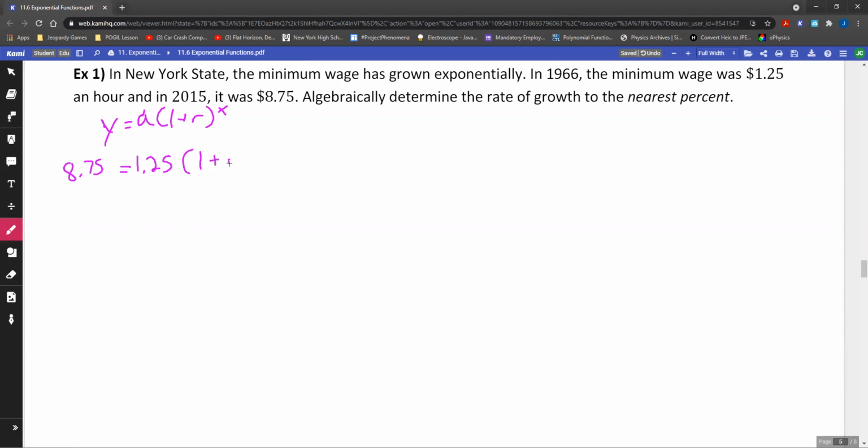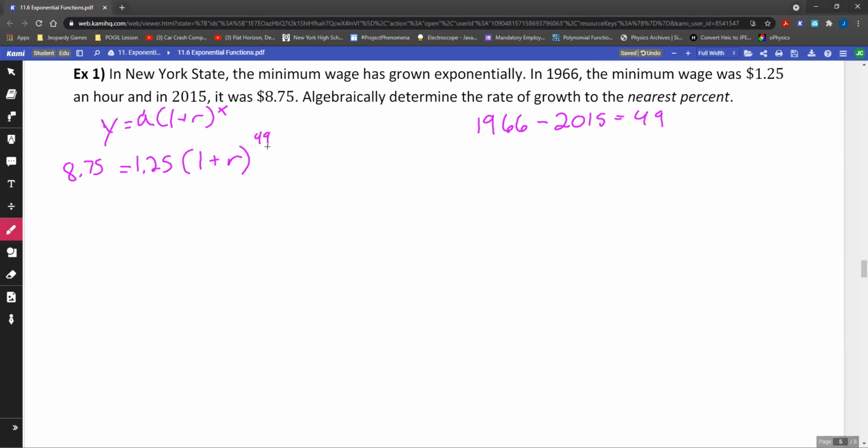I'm looking for the rate. So I'm going to leave that as R. And they said that the time frame is between 1966 to 2015. If I use a calculator, I get this is 49 years.